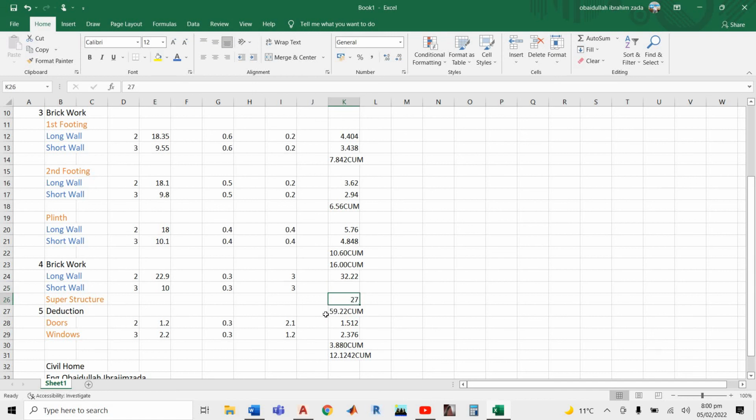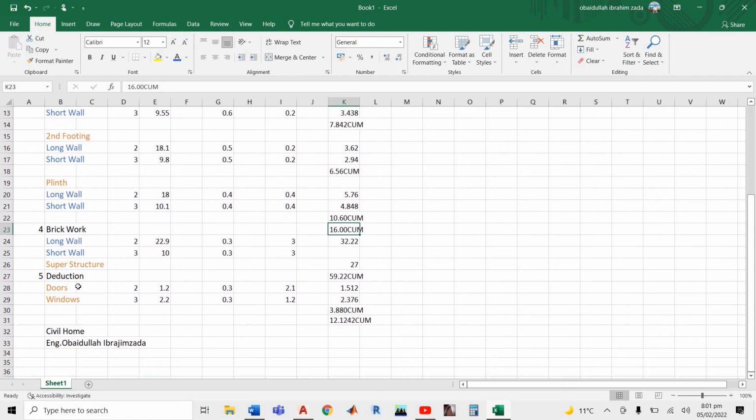And if you sum, now what should you have to sum, all of them. This, is it footing, Z footing, plane level. Okay, sum all of them, and if you sum all of them, you get 16, and then for superstructure you get 59.